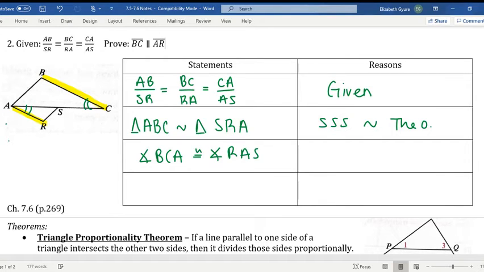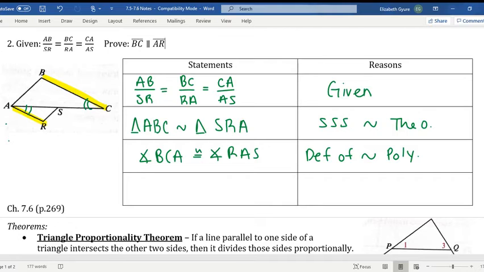And how you write this is up to you. You can always write an explanation. So you can say corresponding angles of similar triangles are congruent. This is though also part of the definition of similar polygons. So you can also just cite definition of similar polygons. Up to you what you say there.